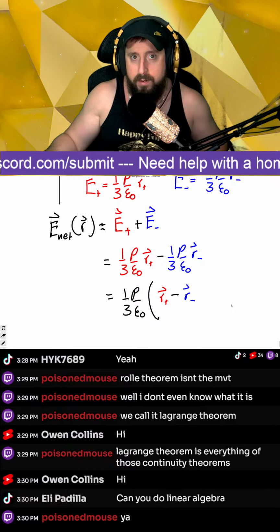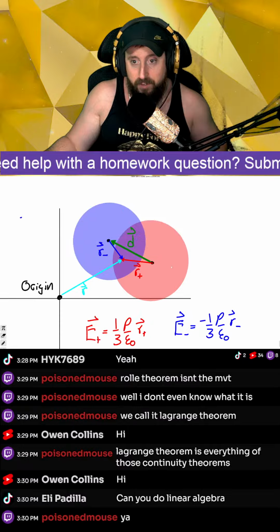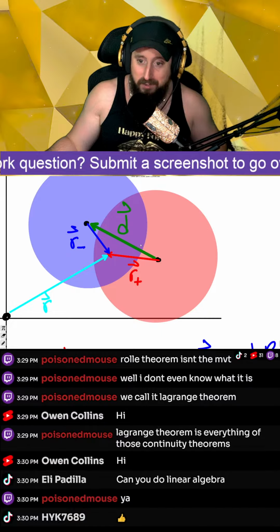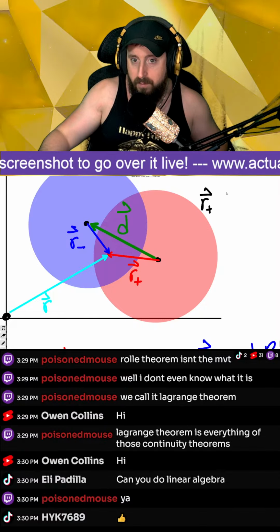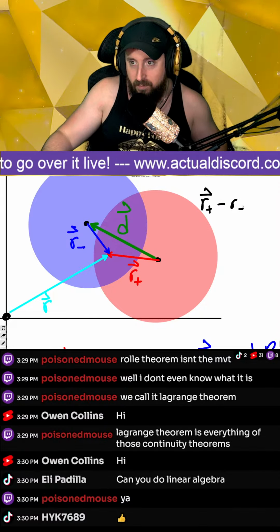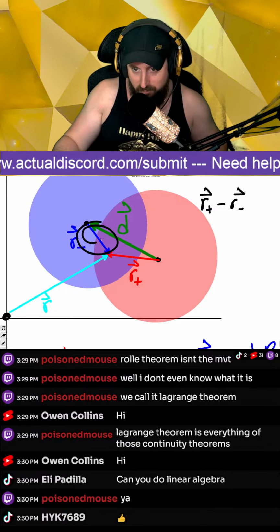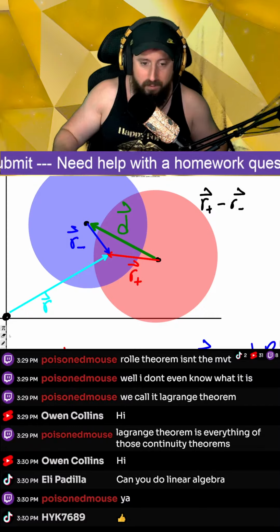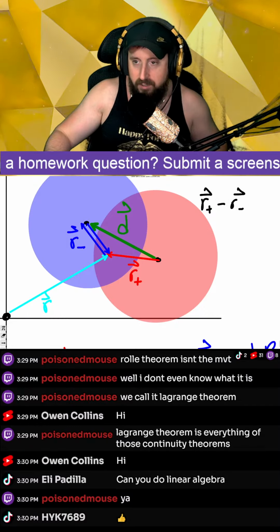Okay, so now let's come up with some expression for r plus vector and r minus vector. So let's look at our diagram here. So this is really rad, dude. Because r plus vector here minus r minus vector, right? So we do this one minus this one. And so this one is pointing this way. So negative r minus vector would point in the opposite direction this way.